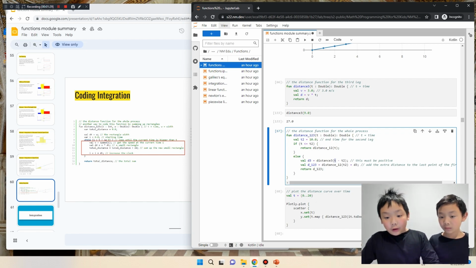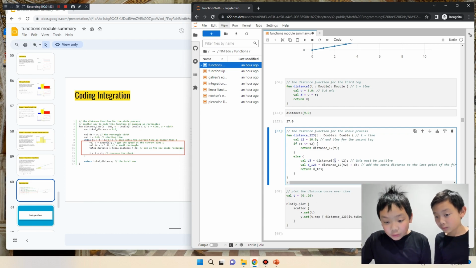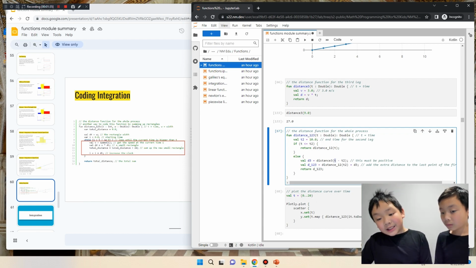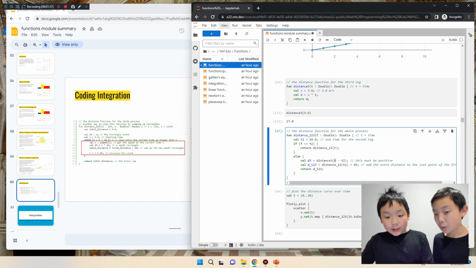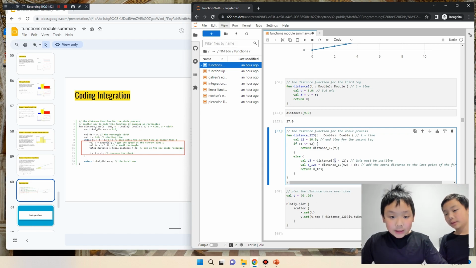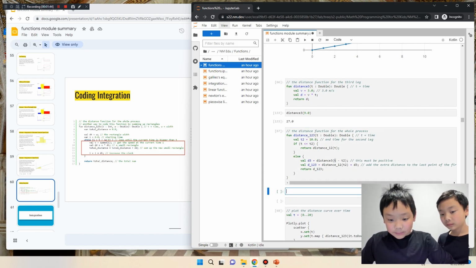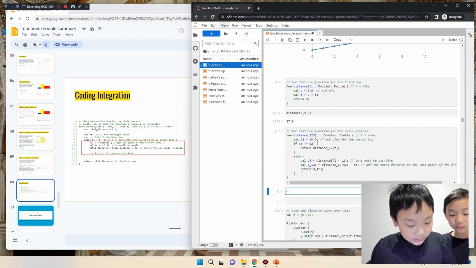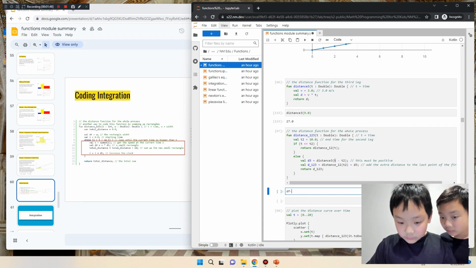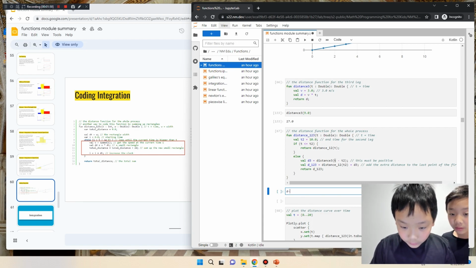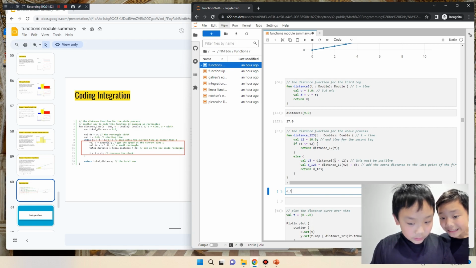So the value of d1, 2, 3 is equal to distance 1, 2 plus d3, which is return the distance d1, 2, 3. So we can see this function in action by, let's plot the points. Let's write d underscore 1.